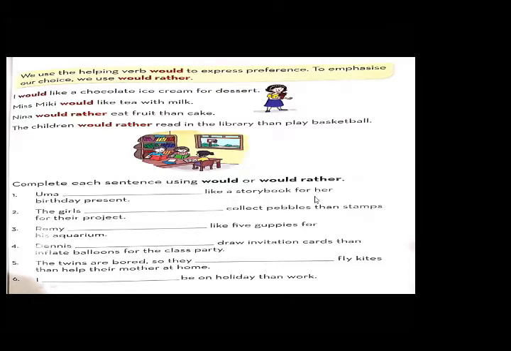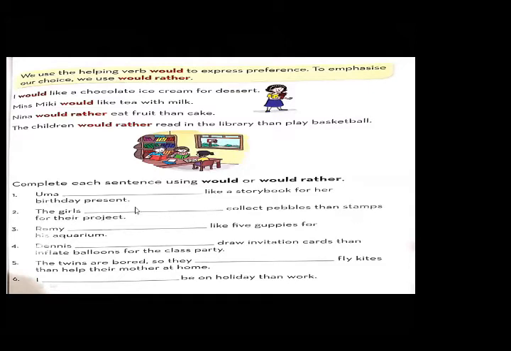Now I am solving example number 2 also for you, because it is another type of blank. Listen: The girls dash collect pebbles, than stamps for their project. The girls would rather collect pebbles than stamps.